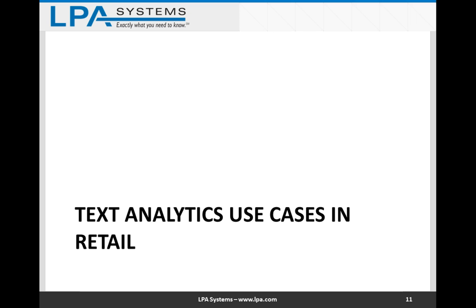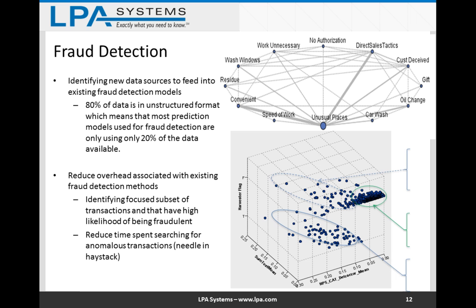So now that I've talked to you a little bit about what text analytics is and where it can be used, I want to jump into some use cases. The first use case that I want to talk about is a fraud detection use case. In the upper right-hand corner, you'll see categories that are created.